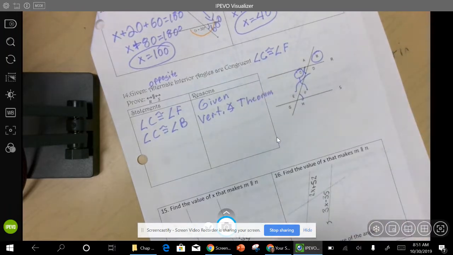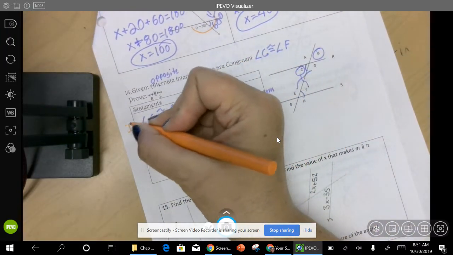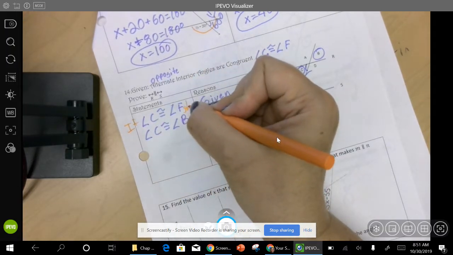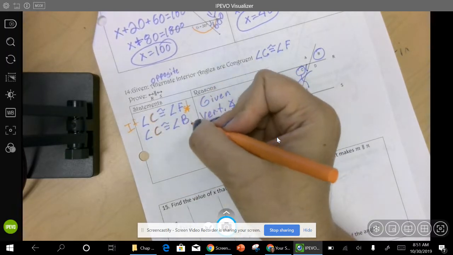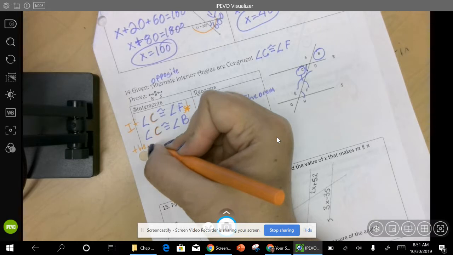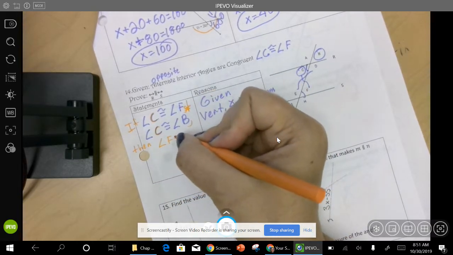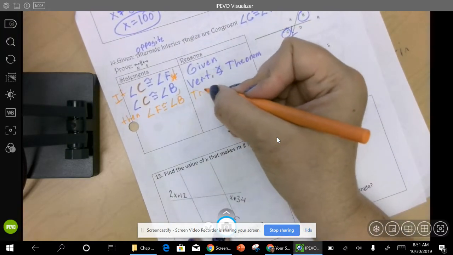Okay, so if we have angle C congruent to F, and angle C is also congruent to angle B, then that means that angle F is congruent to angle B by our transitive property.